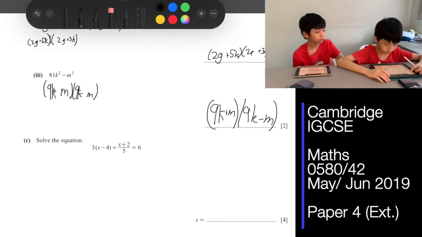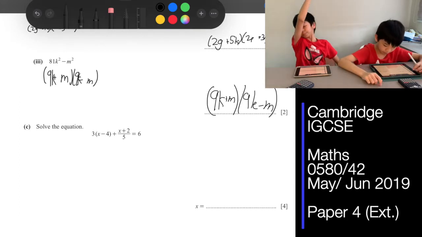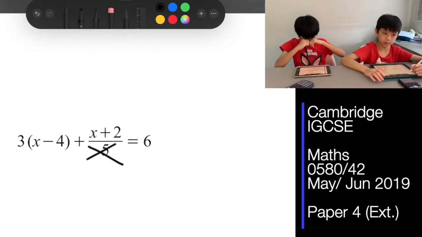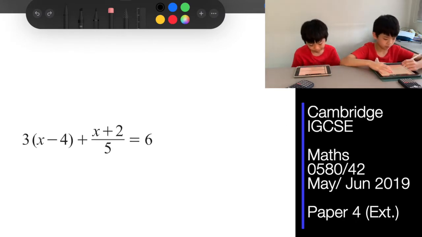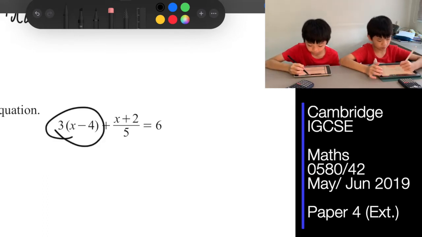Okay, for the next question, we need to solve the equation 3 bracket x minus 4 plus x plus 2 over 5 equals 6. First we don't want this denominator, so we'll multiply everything by 5 and also expand at the same time.